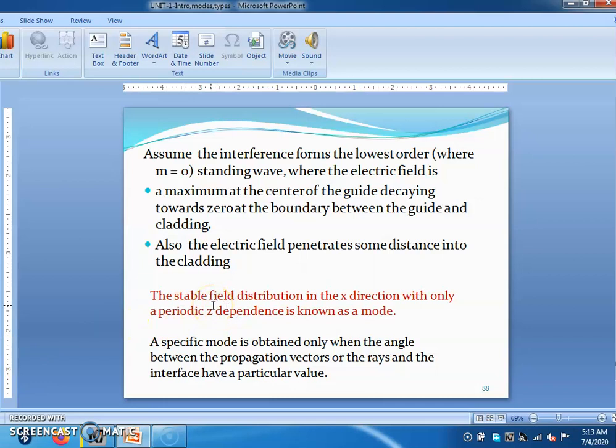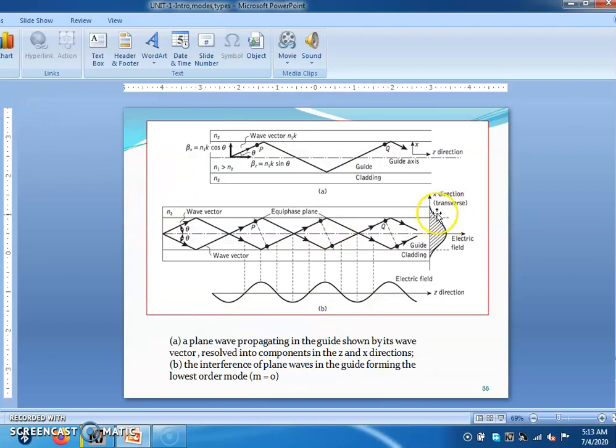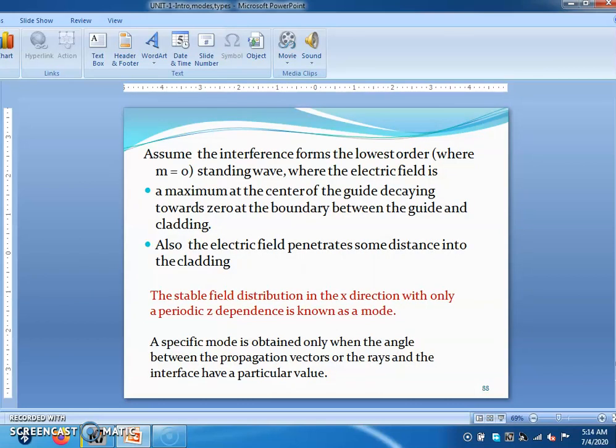This stable field distribution in the x direction with only a periodic z dependence is known as a mode. As it propagates along the z direction, the dependence on z changes. This stable field distribution and dependence on z is called the mode.